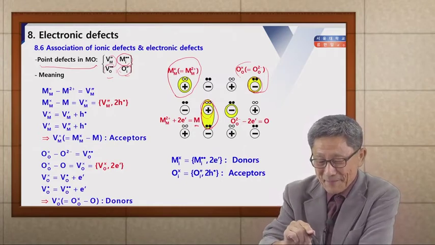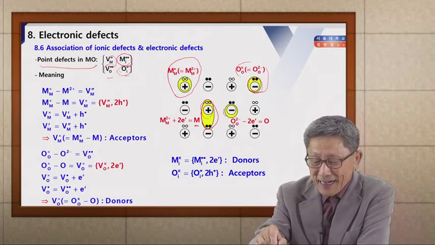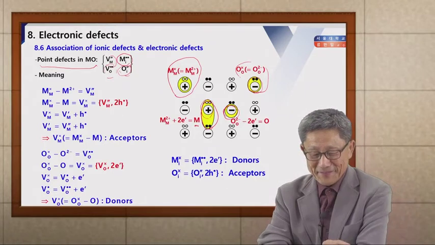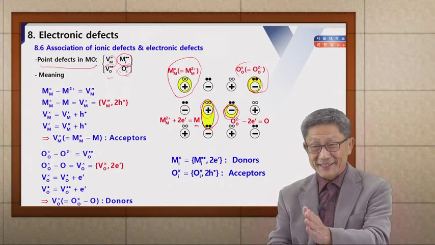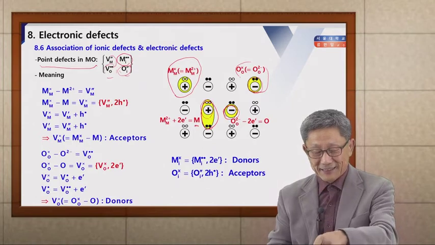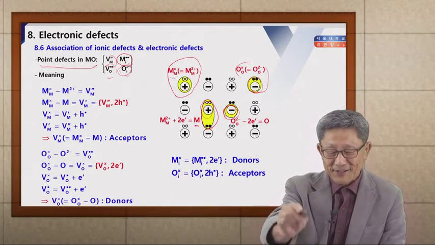This is neutral M. What about neutral oxygen? Yes, here it is. Without these two electrons, this makes the neutral oxygen. Now I think you can easily understand what neutral M is, what the neutral metal atom is, or the regular structure element, and so on.